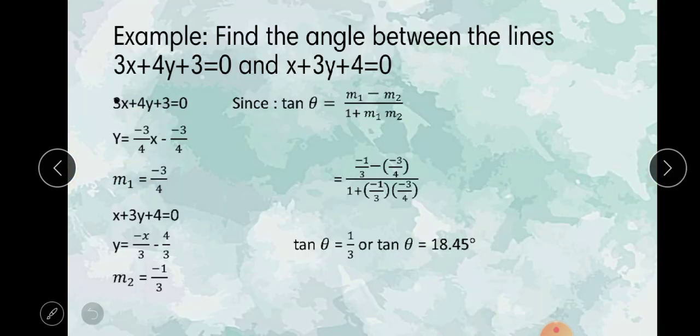For example, find the angle between the lines 3x plus 4y plus 3 is equal to 0 and x plus 3y plus 4 is equal to 0.